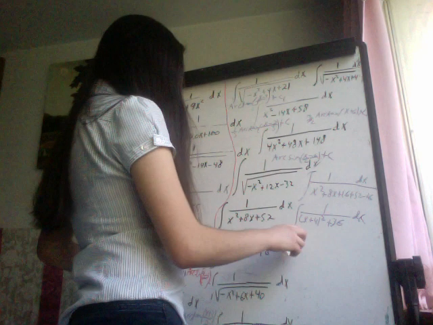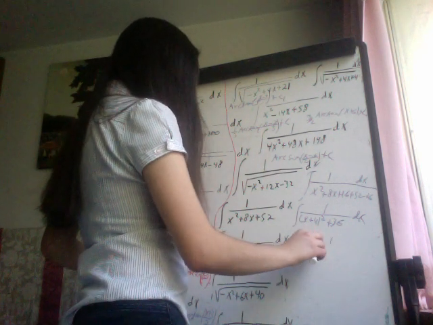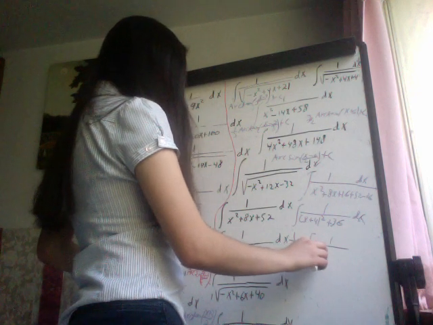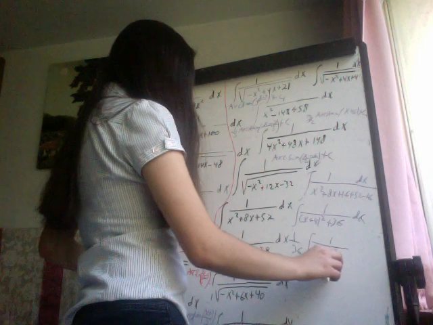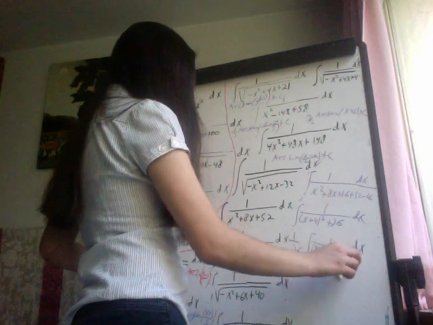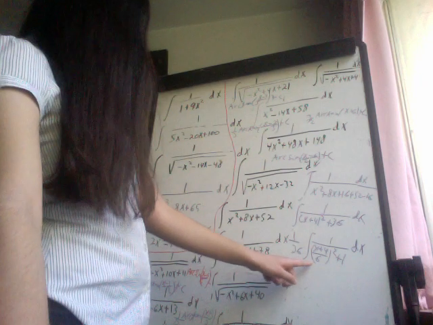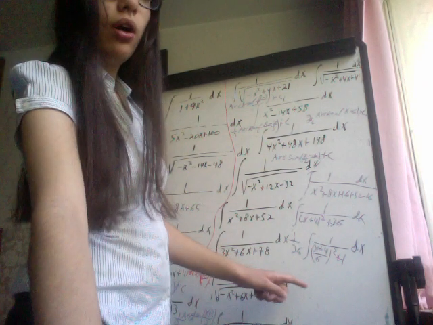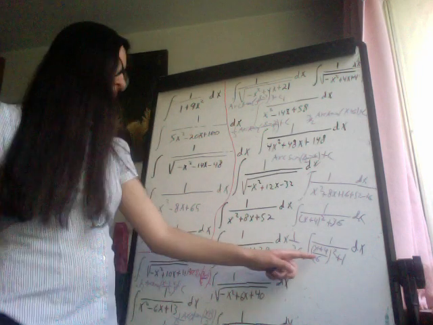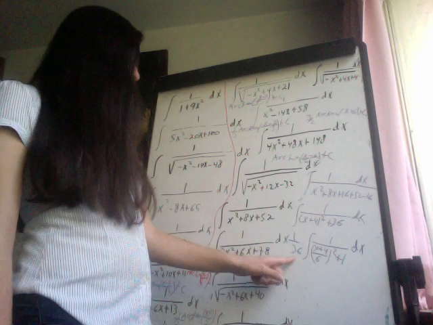So I have 1 over 36 times the integral of 1 over ((x plus 4) divided by 6) squared plus 1 dx. If I have just arctangent of (x plus 4) over 6, the derivative will be 1 over 1 plus ((x plus 4) divided by 6) all squared times 1 over 6.